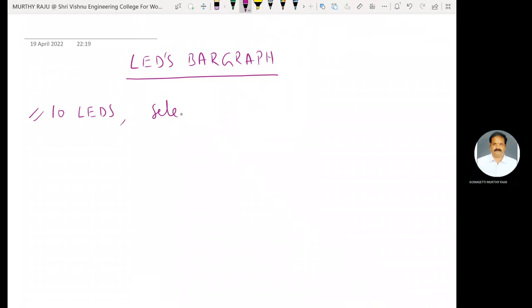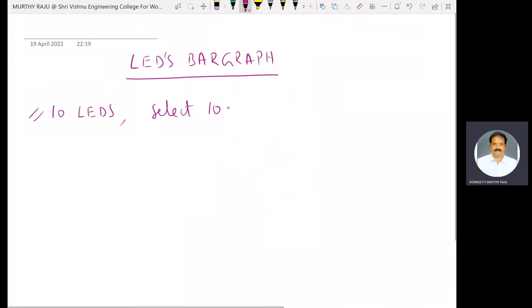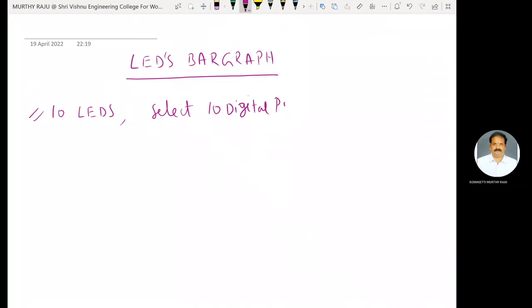Select 10 digital pins from the Arduino.